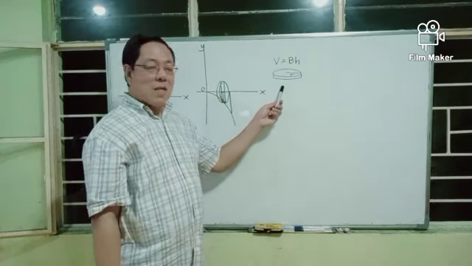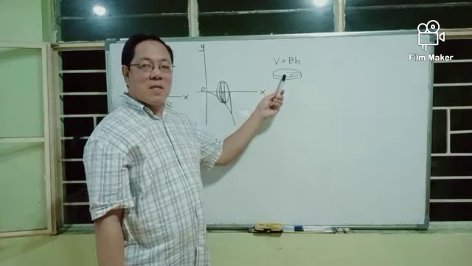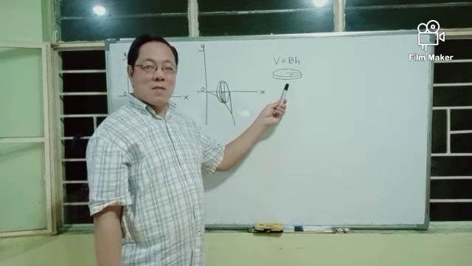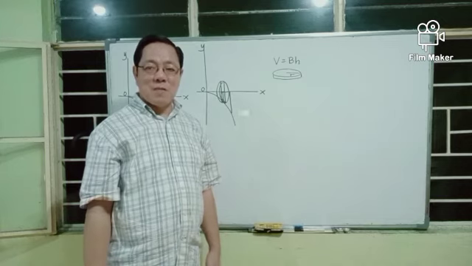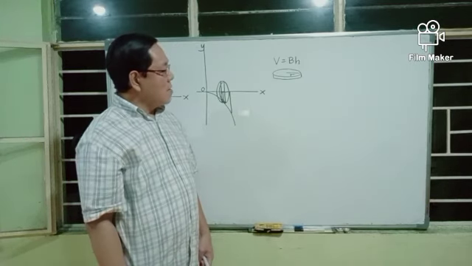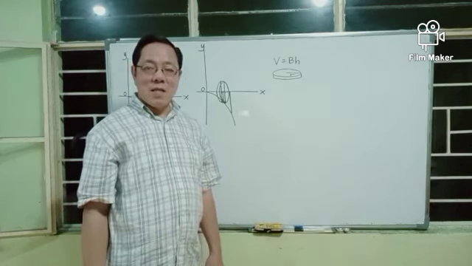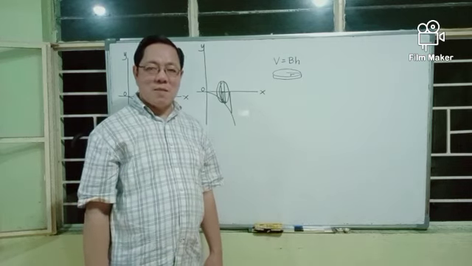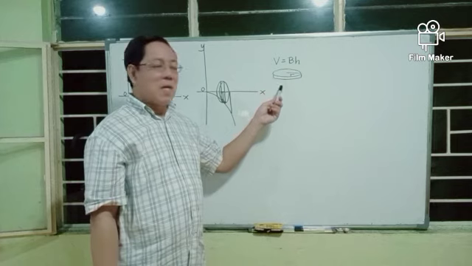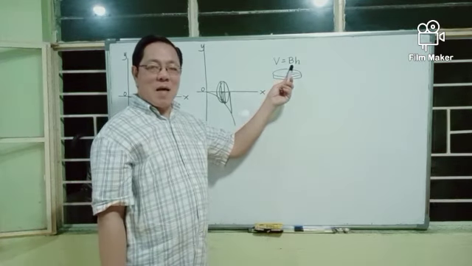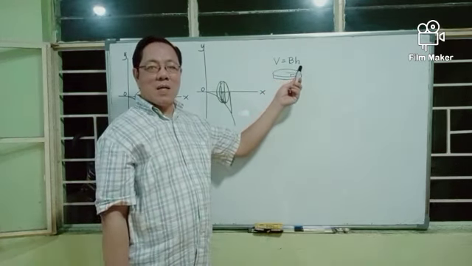The base of this cylinder is a circle, the upper base and the lower base are circles. If you connect the centers of these circles, you can see that the line is perpendicular to the bases. So we make use of this formula for the volume of a cylinder: area of the base multiplied by the height.